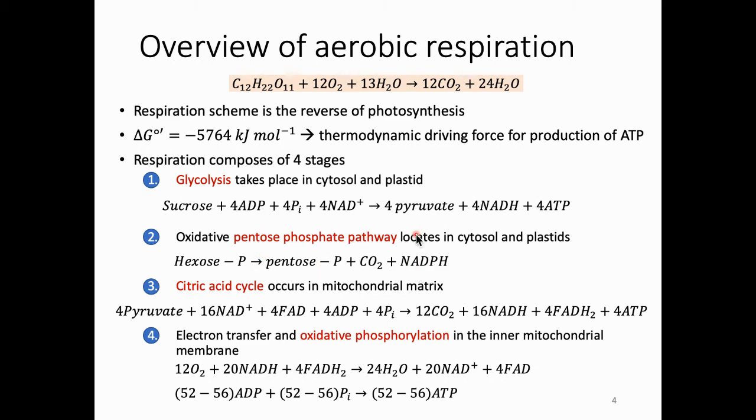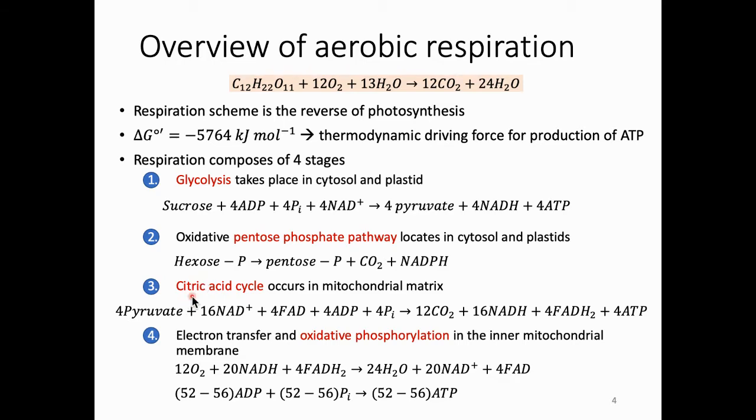And let's come back to the mainstream of oxidizing sugar. From glycolysis, you get the 3-carbon compound pyruvate, and this pyruvate will enter the citric acid cycle, or Krebs cycle, or tricarboxylic acid cycle, as you may be more familiar with it. They are the same.